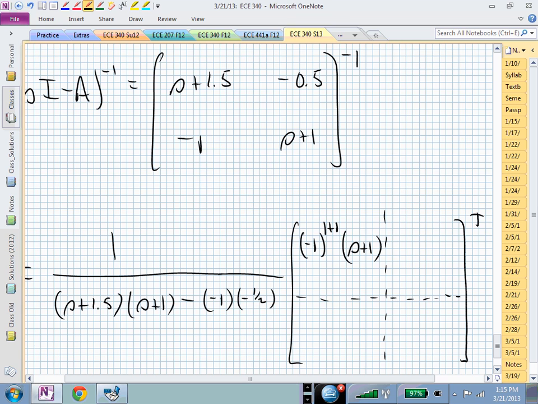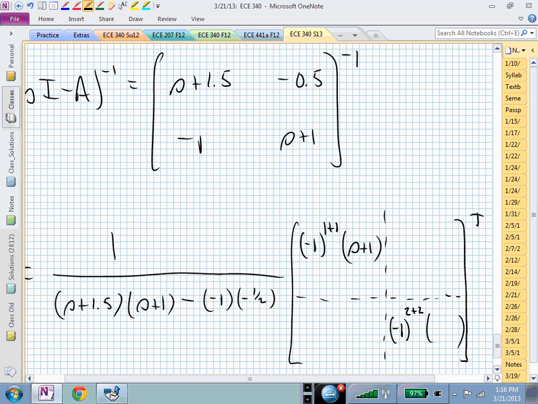The 2 plus 2. Second row, second column. That's where that exponent comes from. This is now going to be -1 raised to the 2 plus 2. And what's it going to multiply? It's now the 2, 2 entry. I remove the second row, I remove the second column, and I take the determinant of what's left, and that's this S plus 1.5.